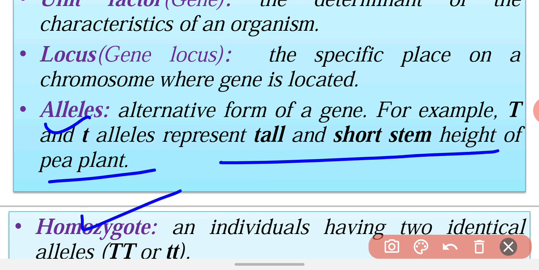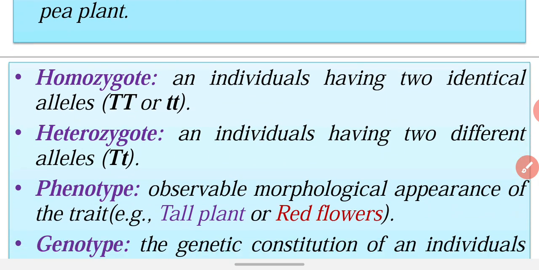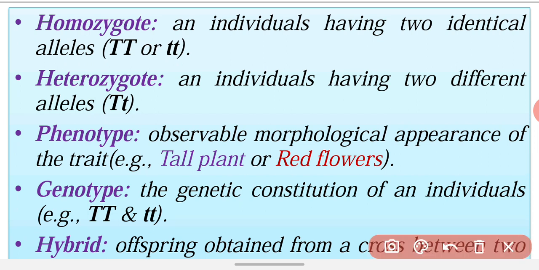Next one is the homozygote. What is a homozygote? An individual having two identical alleles, for example capital T capital T or small t small t. These are the pure characters of the parental generation.